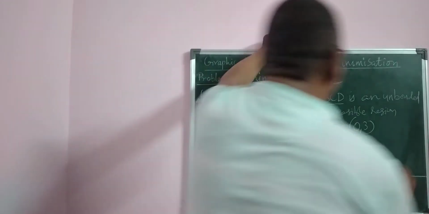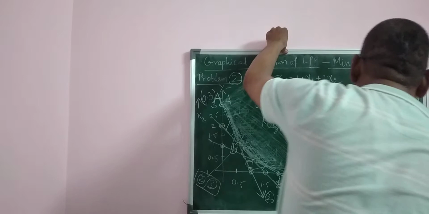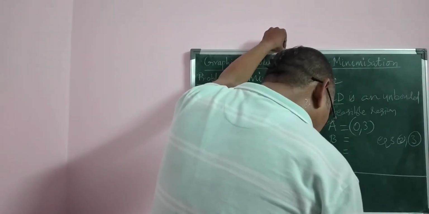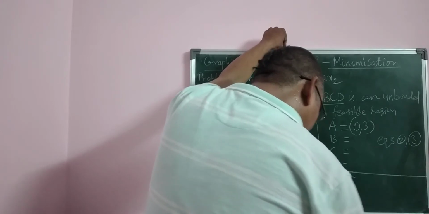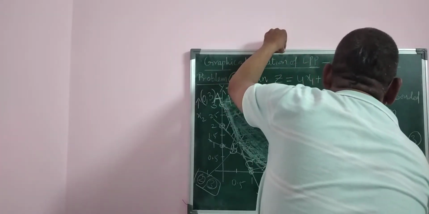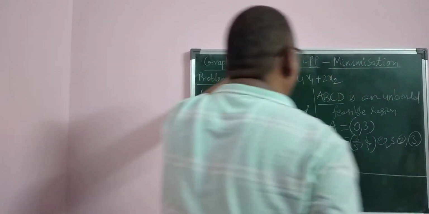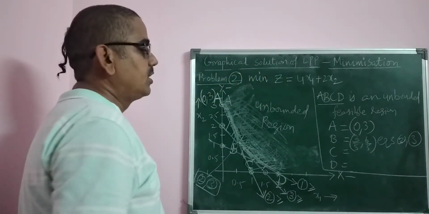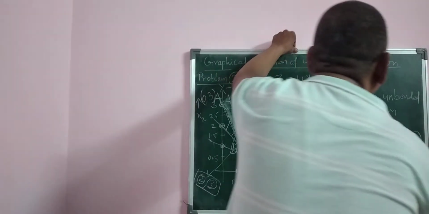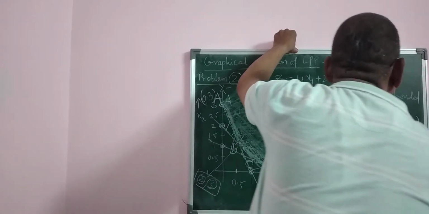So by solving equations 2 and 3, you can obtain B. What is the point we got here? B is the point 3 by 5, 6 by 5. 6 by 5 means 1.2, and 3 by 5 is 0.6. So B is 0.6, 1.2.